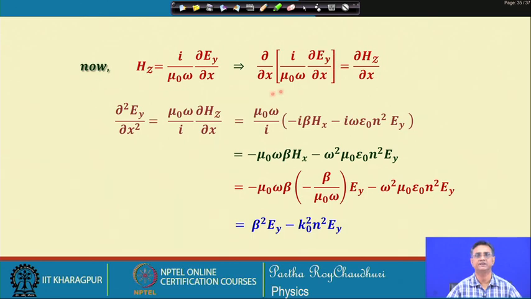Now, looking at this expression, this is one of the field expressions, one of the equations out of the 6 equations. If you rearrange this equation, if you replace this Hz by an expression in terms of u I, then you can write this equation as this. And again, because it involves Hx, I will have to replace this Hx by u I again.